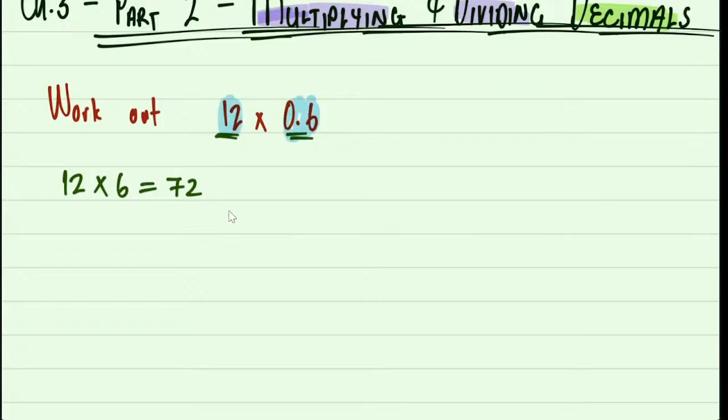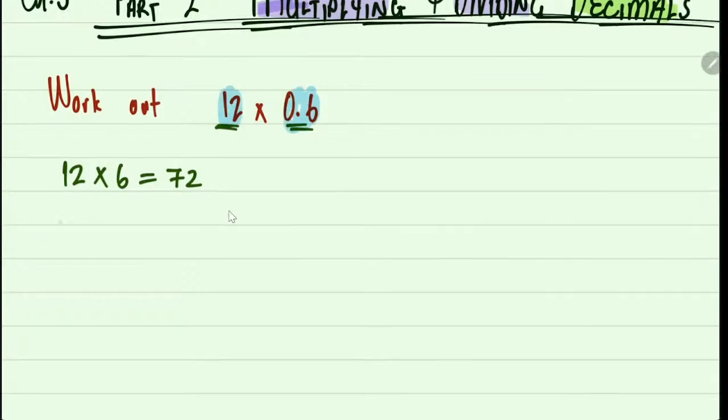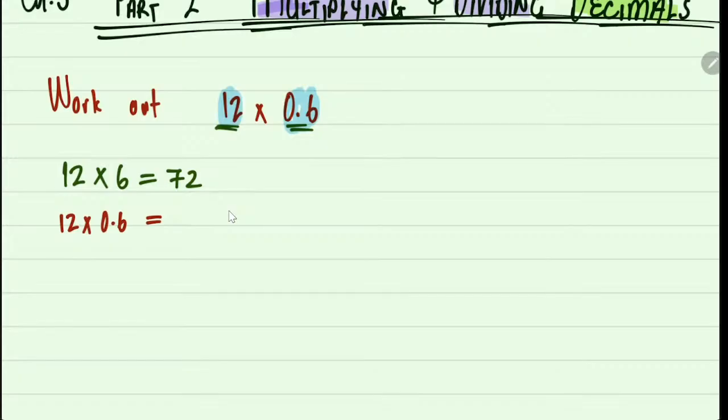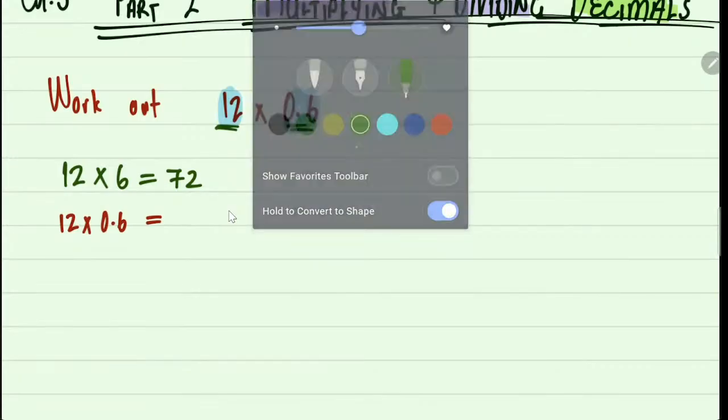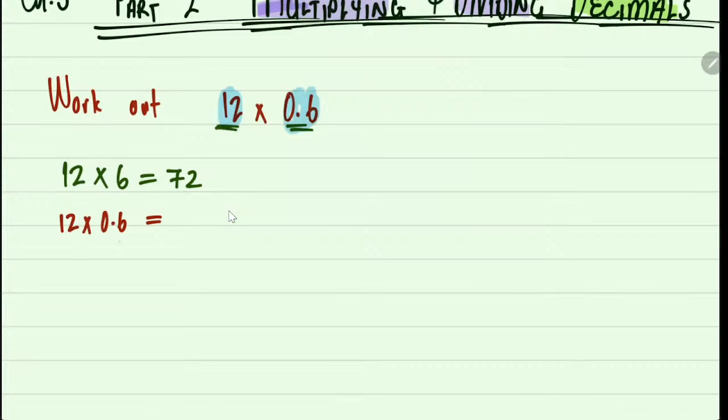Then after getting your answer, you go back to 12 times 0.6. What you simply do now is check in the original one how many numbers you had after the comma. Did we have any number after the comma on 12?